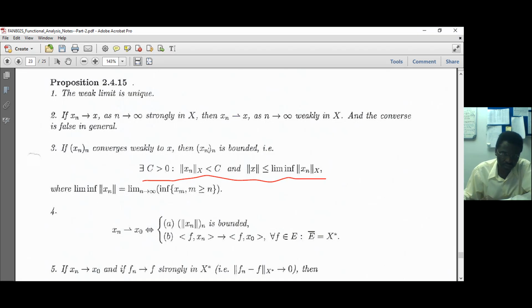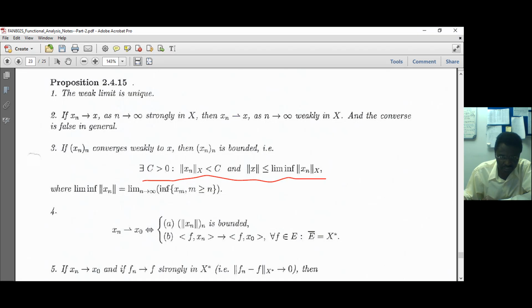Of course, we define the limit inferior here, where the limit inferior of this is given by eta. Obviously, because we are taking a norm here, there should also be the norm here.